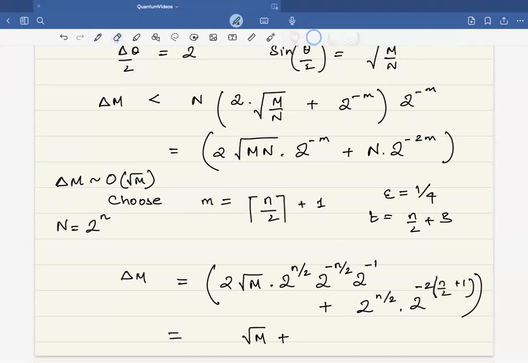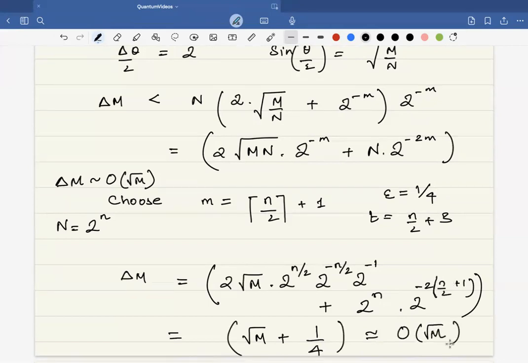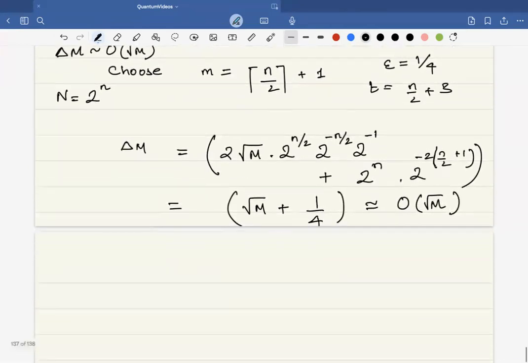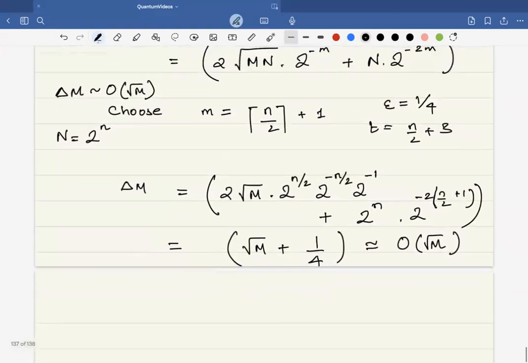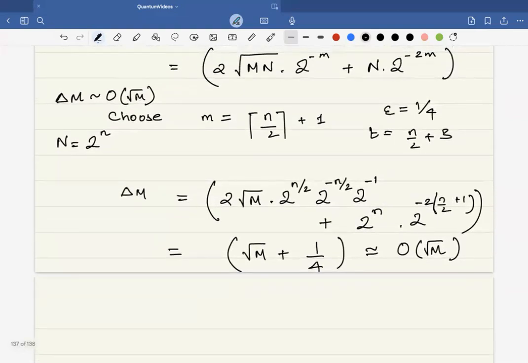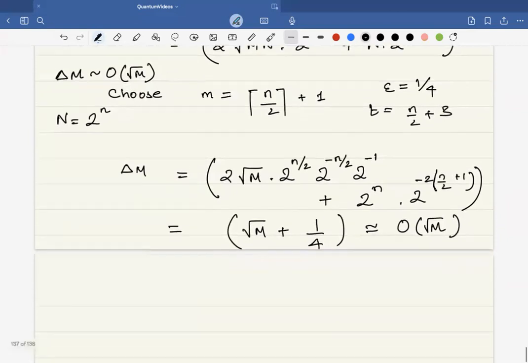But this is n, so this is n. So this will be 1 over 4, which is of order square root of M. And then, if I choose m to be n over 2 plus 1, I'll get delta M, the estimate of M, which is within square root of N.